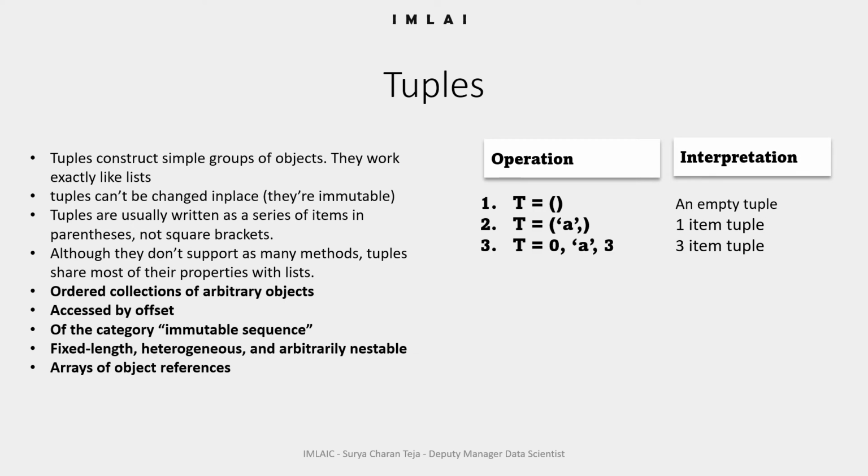And this is another way of constructing a tuple. You don't need to use even parentheses to make a tuple. If you just give 0, which is an int object, and a string object, 3 another int object, you get a 3-item tuple.